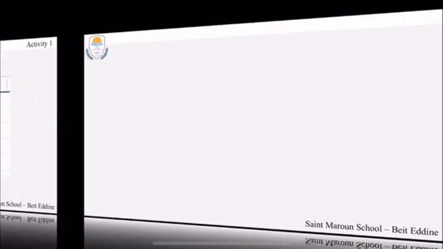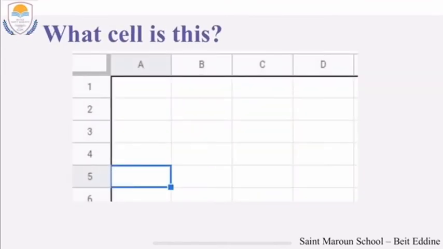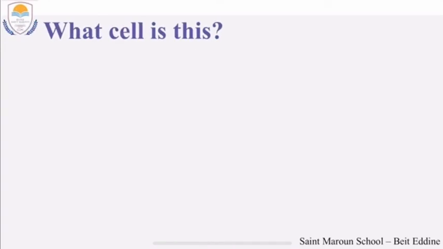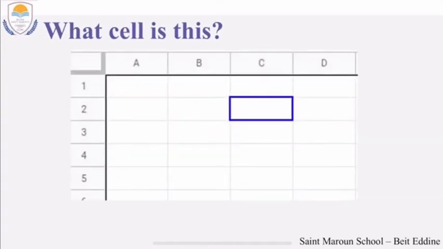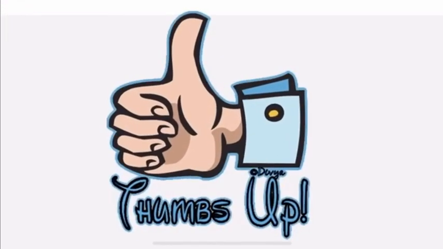Very good. This cell, it is in column A and row 5. It is A5. This cell is in column C and row 2. So it is C2. Okay, thumbs up. Let's move to another activity.